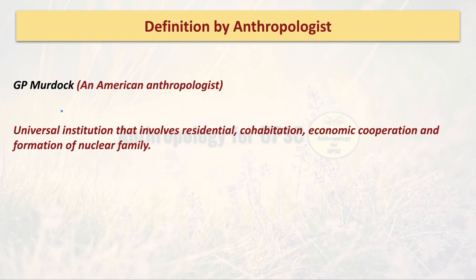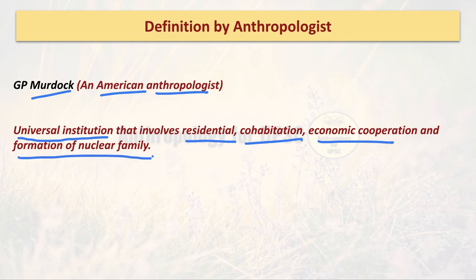Moving next, there is another anthropologist called Murdock. He is an American anthropologist, and he gave a new look at the definition of marriage. He said marriage is a universal institution which requires residential cohabitation, economic cooperation, and formation of a nuclear family.